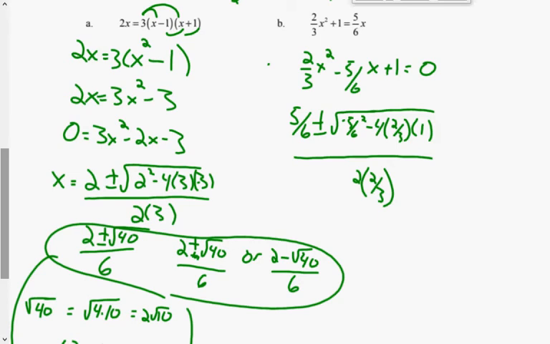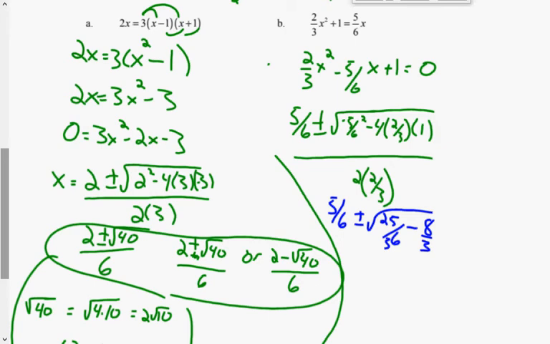All right, so make sure I don't run out of room here. I'll continue this in blue just so we don't get confused with anything. So 5 over 6 plus or minus. Now 5 over 6 squared becomes 25 over 36 minus 8 over 3 all over 4/3. 2 times 2/3 is 4/3.